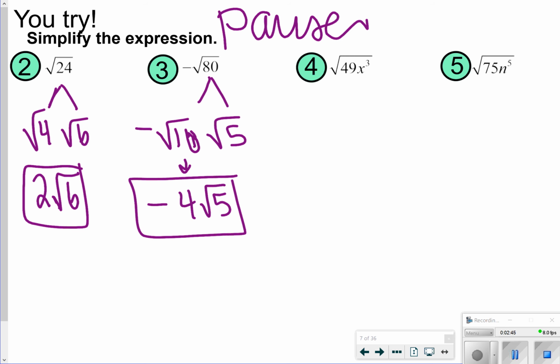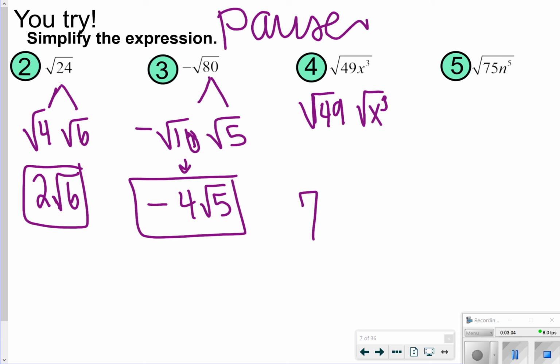Number 4 is a little bit more difficult because you notice you have 49x to the third. You can obviously tell me the square root of 49, but maybe consider x to the third and how we can break that up. I'm going to go ahead and solve the square root of 49. That's going to be 7, so I'm going to put that down there.